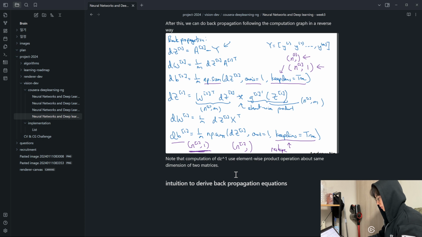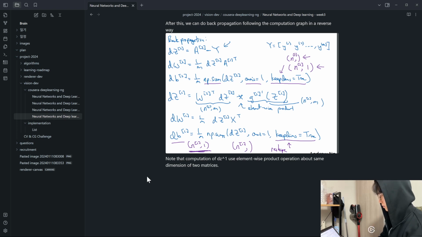So matching the dimensions from above, this is going to be n1 by 1, equal to W2 transpose, which is n1 by n2, times dZ2, which is n2 by one dimensional.